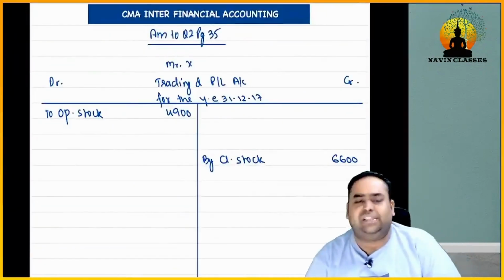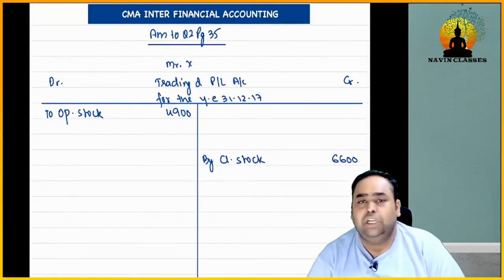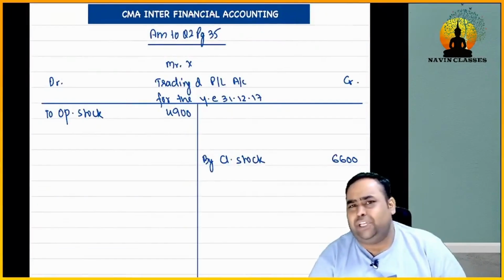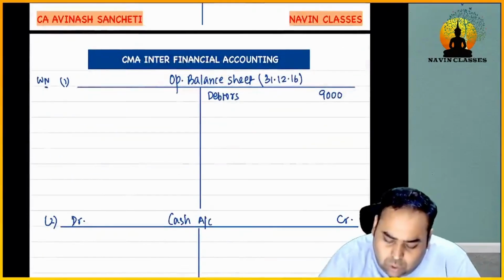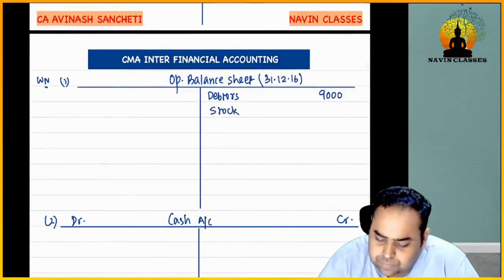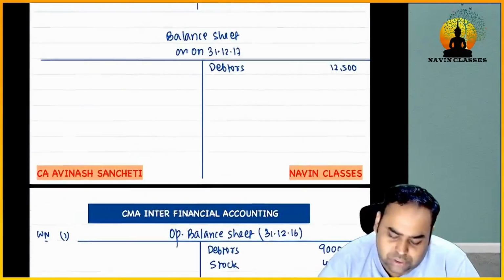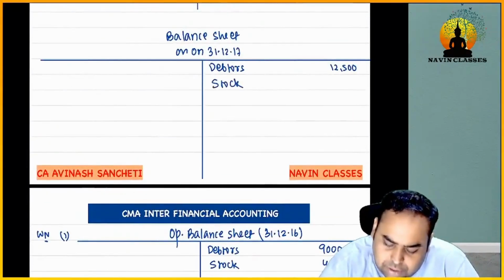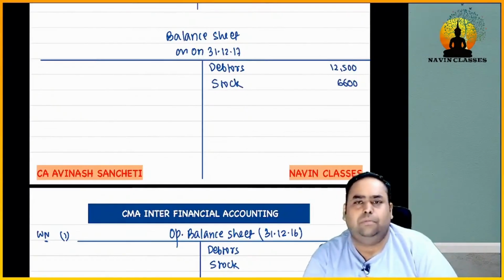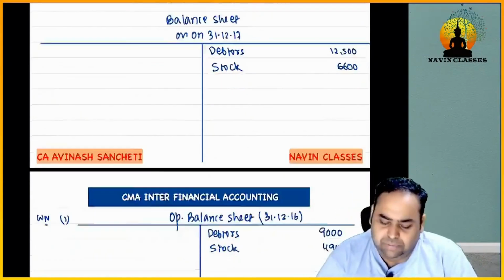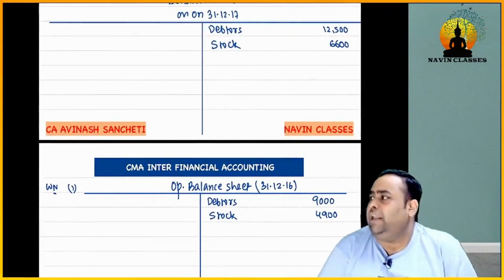Closing stock 6,600. Stock is my asset, so it will go into the balance sheet. Show it in the respective balance sheet correctly. Opening stock in the opening balance sheet. Closing stock in the closing balance sheet.